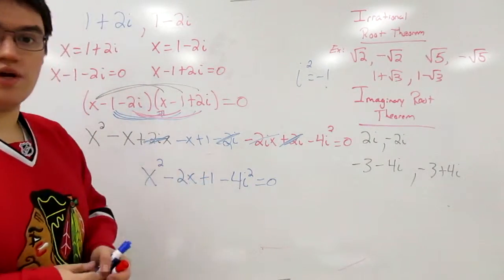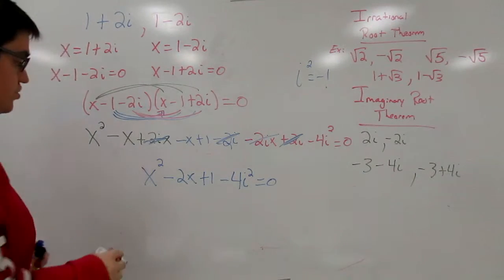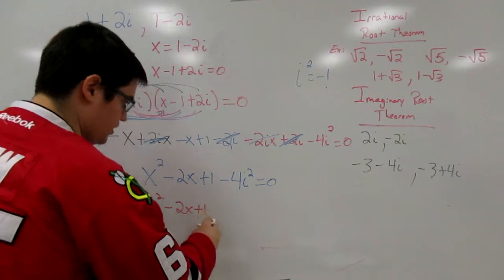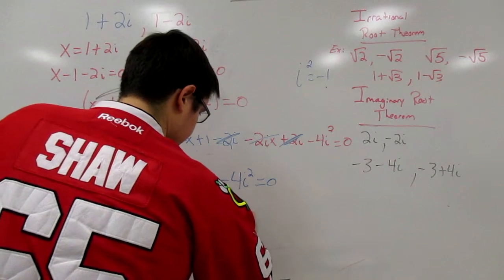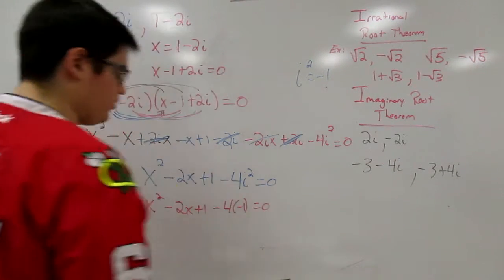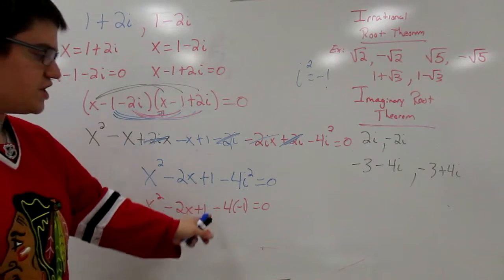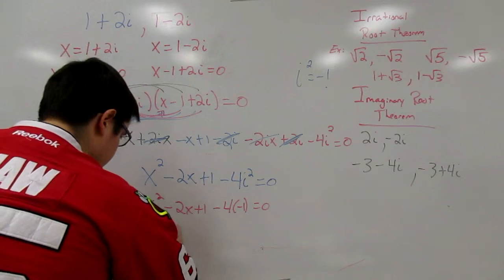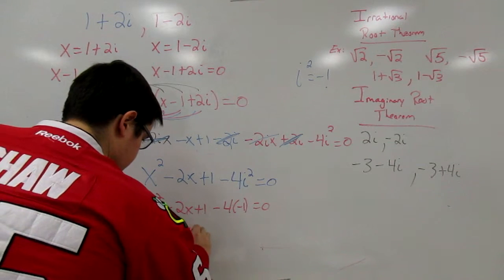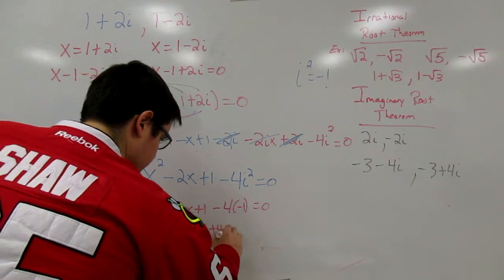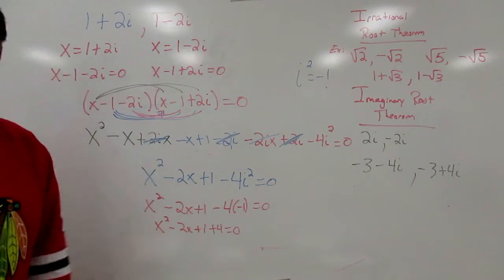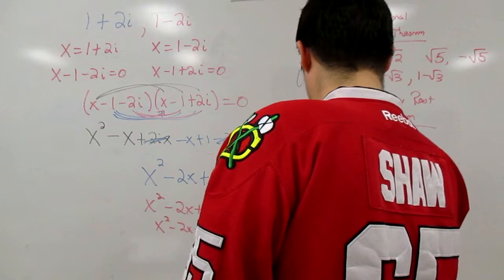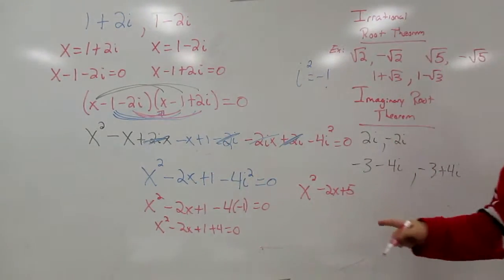So you can make that substitution: x squared minus 2x plus 1 minus 4 times negative 1. 4 times negative 1 gives you a positive 4. So you have x squared minus 2x plus 1 plus 4. Now you can just combine like terms: x squared minus 2x plus 5.